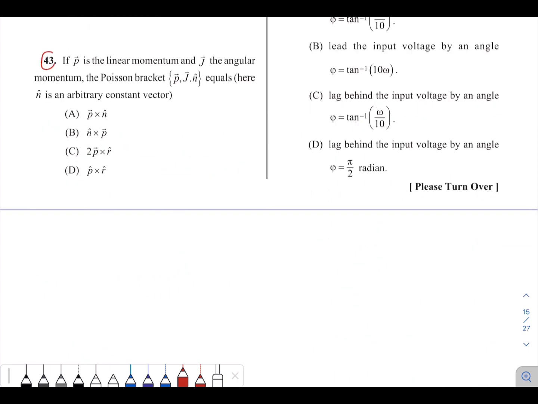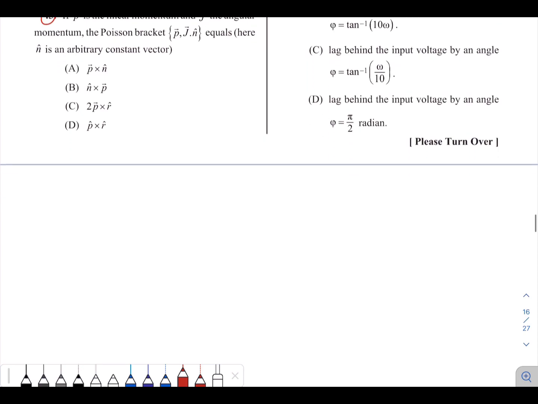Problem 43. If P is the linear momentum and J is the angular momentum, the Poisson bracket {P, J·n} equals what? Let us consider the ith component Pi, Poisson bracket with J·n.